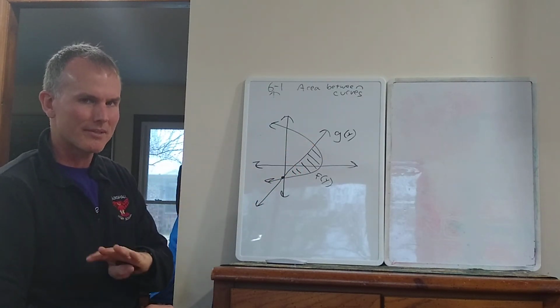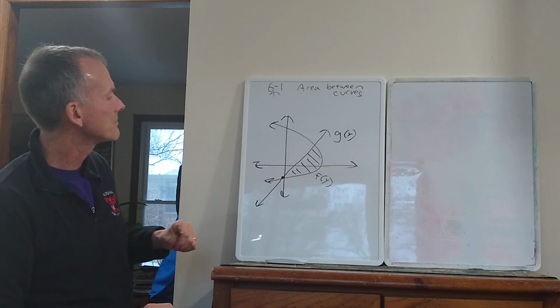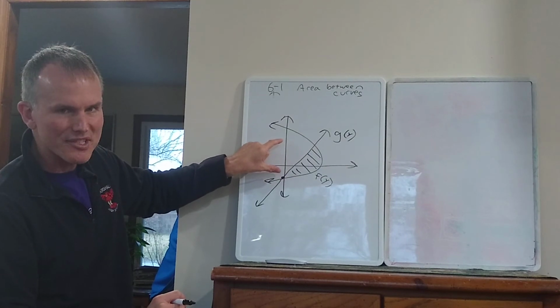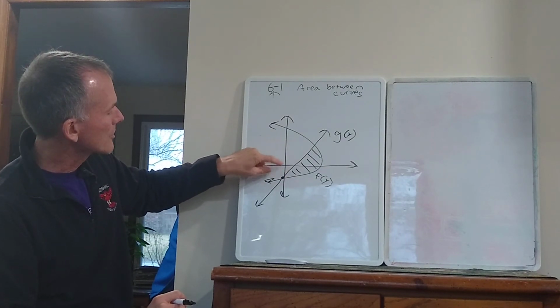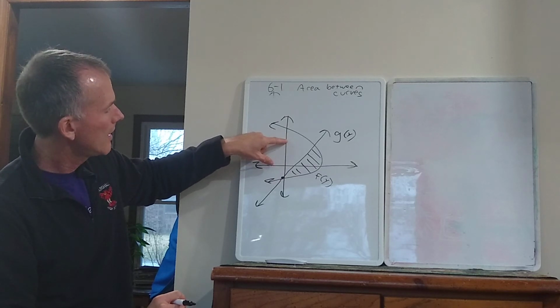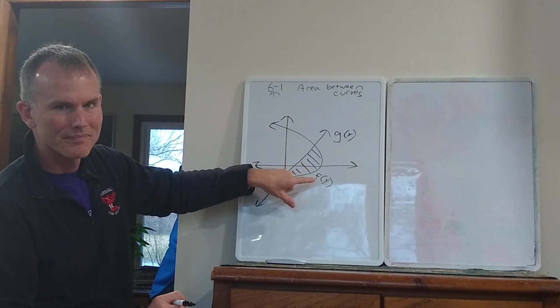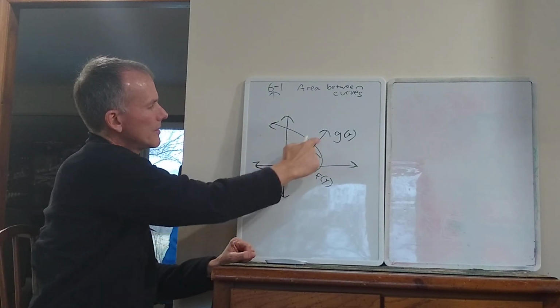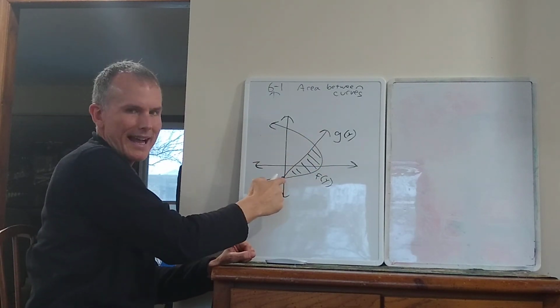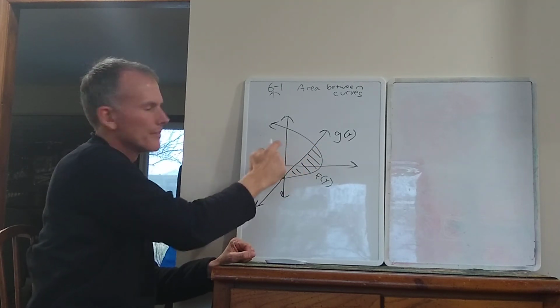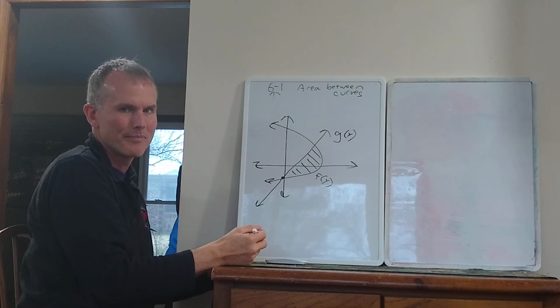The area between f of y and the y-axis is given by the integral from here to here of f of y. The area between g of y and the y-axis is given by the integral from here to here of g of y.